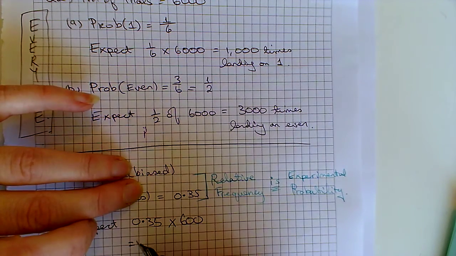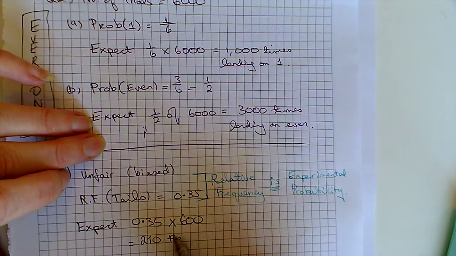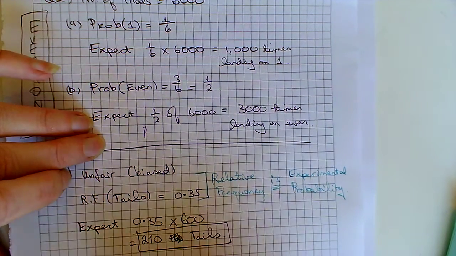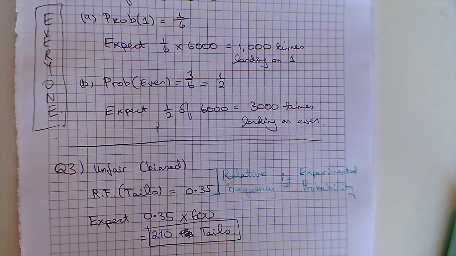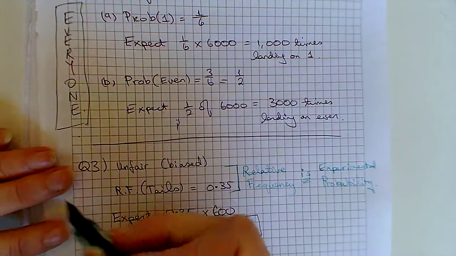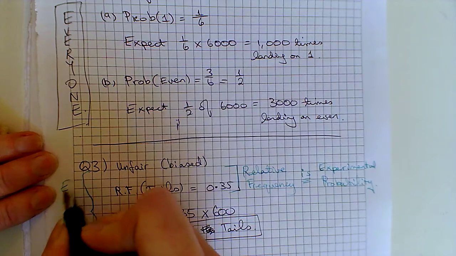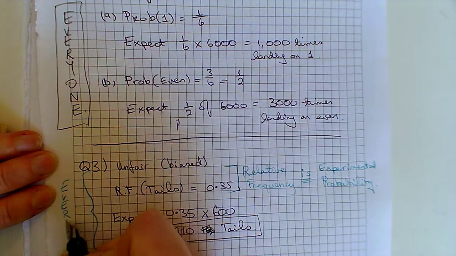We would expect 210 tails. We would expect it to land on tails 210 times. Okay, so again, this one was harder, but I would still want everyone in the class to be able to do this type of question.